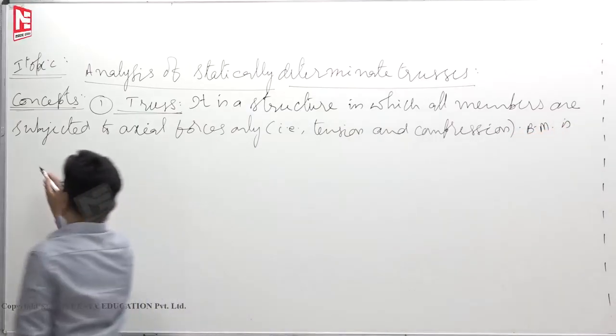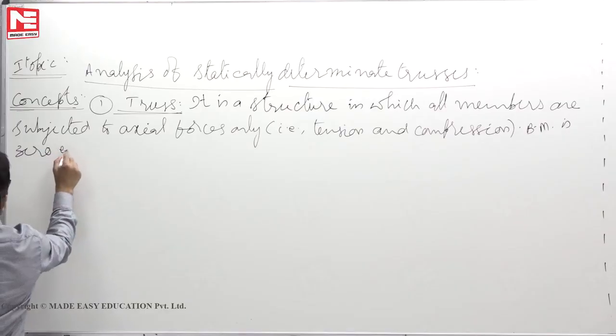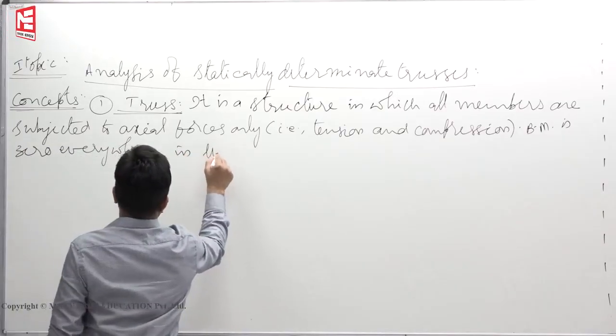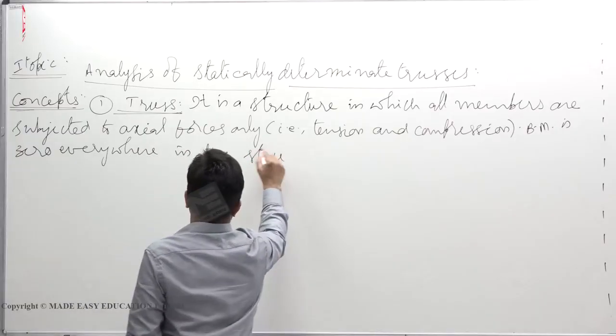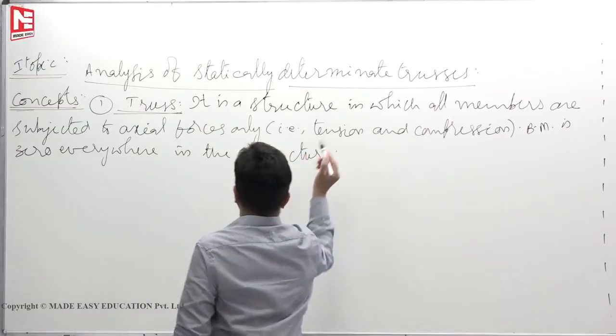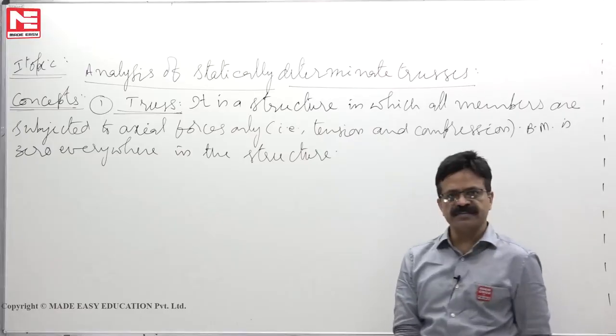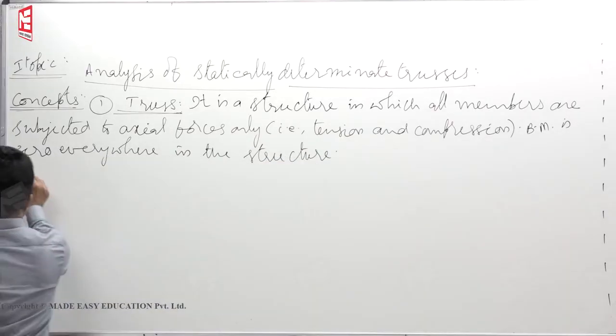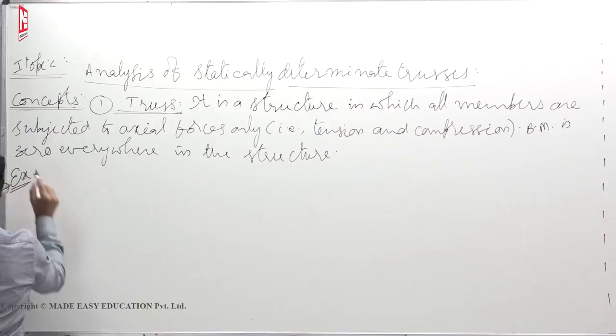Bending moment is zero everywhere in the structure. Such structures we call a truss. Example.